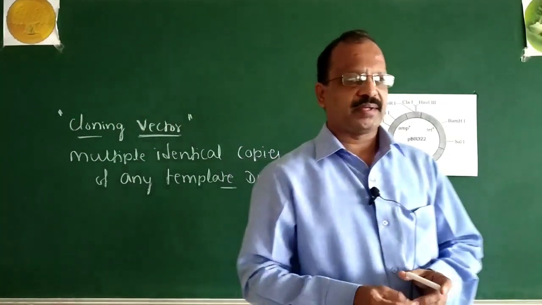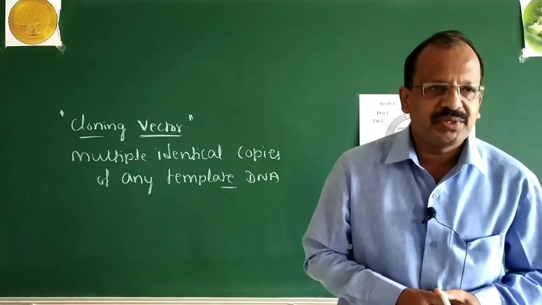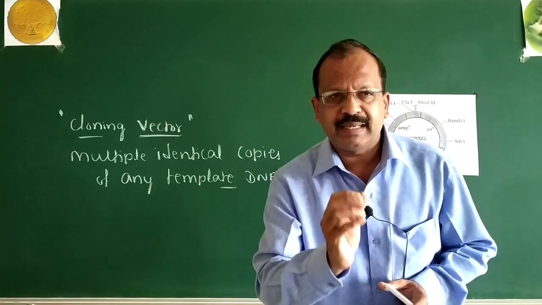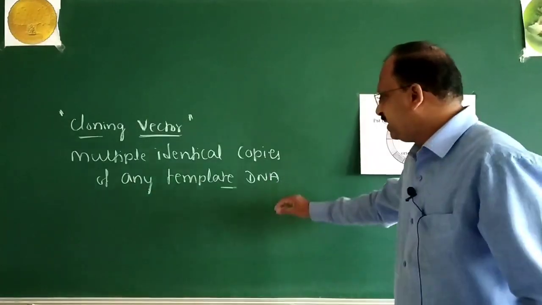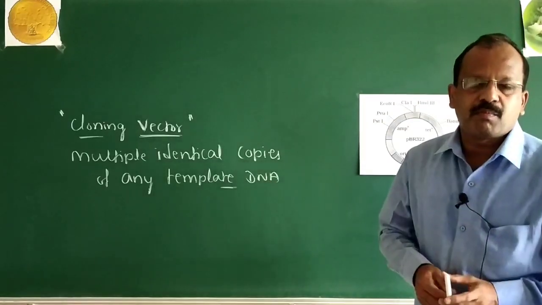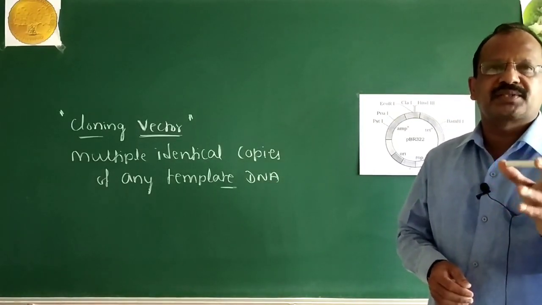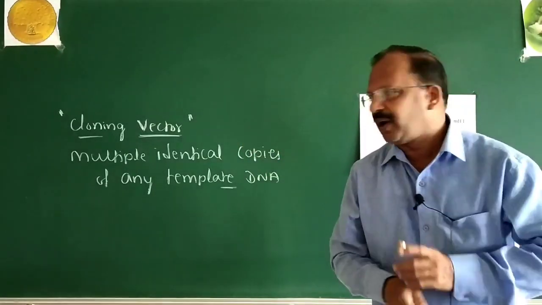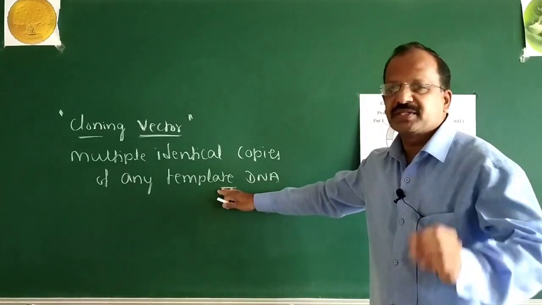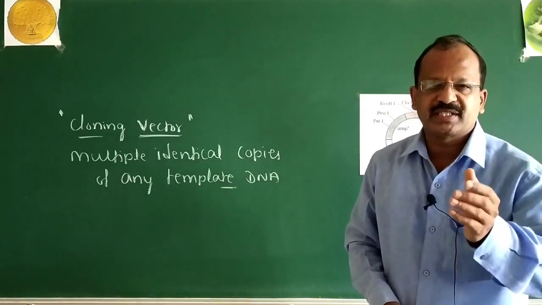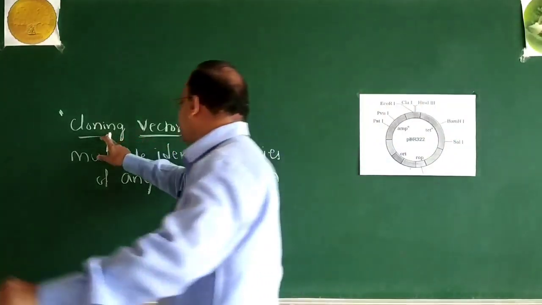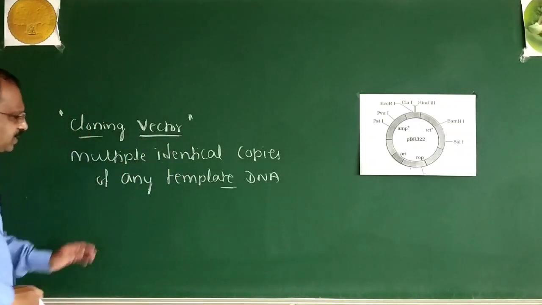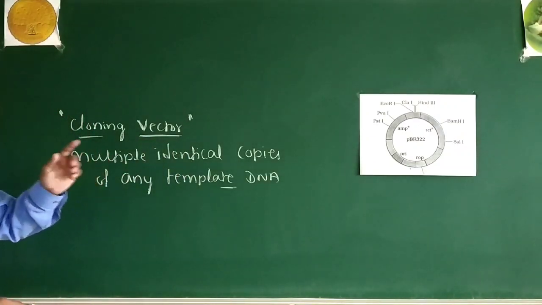It is commonly called the master molecule in the biological system because it controls all the activity of the cell directly or indirectly. Template means master copy, or you can call it a blueprint. Cloning means making multiple identical copies of any template DNA.